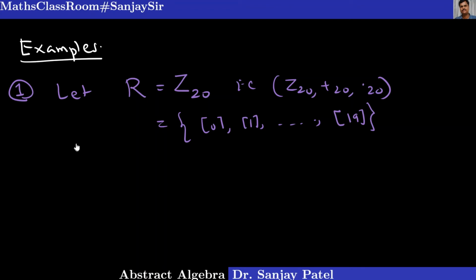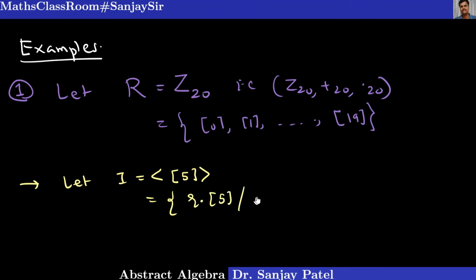And let me consider two different examples. So first, let I be an ideal generated by some element of this ring. Let me take I equal to the ideal generated by, say, 5 for example. Then what are the elements of this ideal? You know that this is equal to r into 5, where r belongs to R, which is Z20.